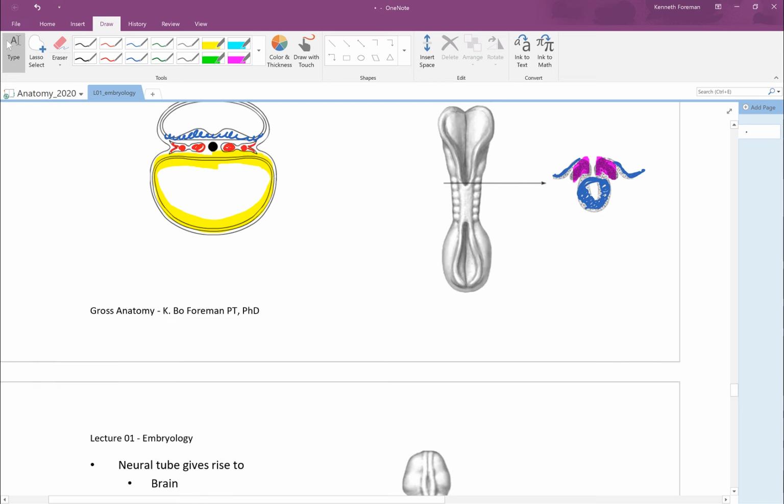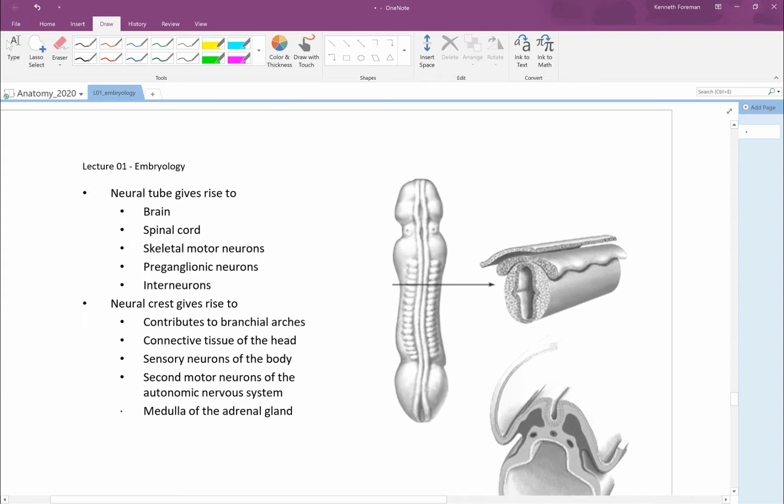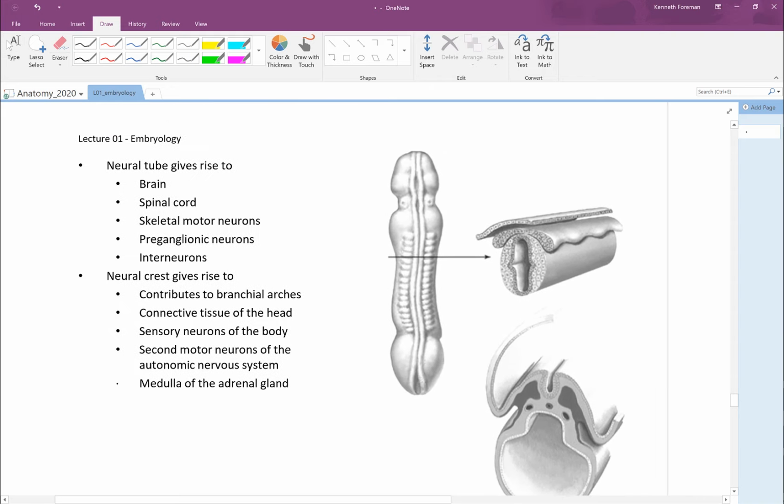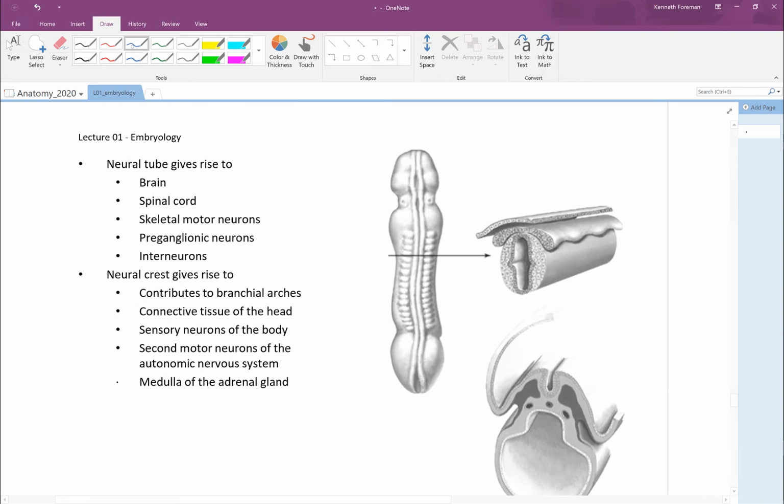So when they connect, what we end up getting is 3 layers. We get the ectoderm, we get this specialized layer of ectoderm, which is eventually going to be your neural crest cells. And then here we have another layer called the neural tube.